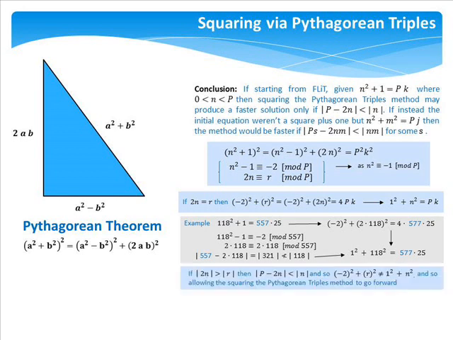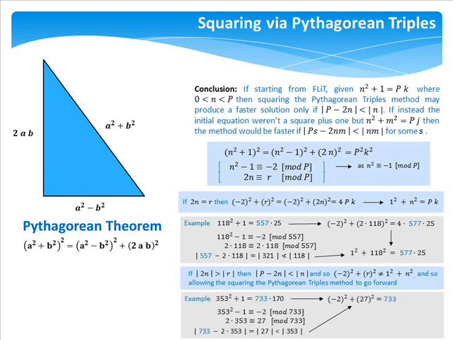If the absolute value of 2 times n is bigger than the absolute value of n, then the absolute value of p minus 2 times n is smaller than the absolute value of n. And so 2 squared plus r squared would be a sum of 2 squares smaller than n squared plus 1.